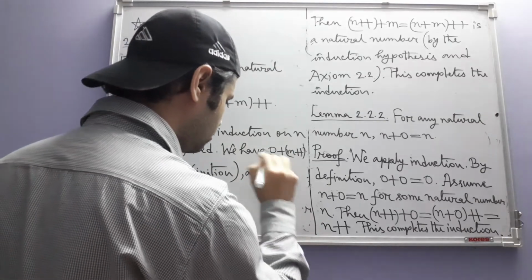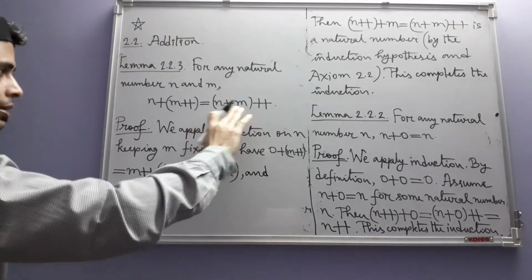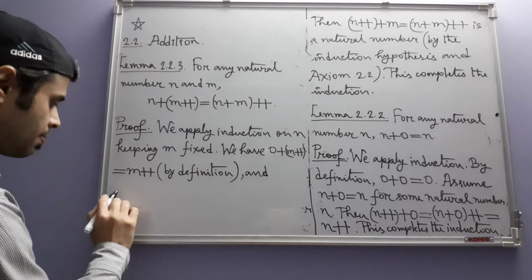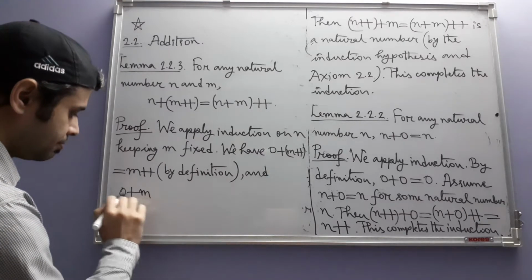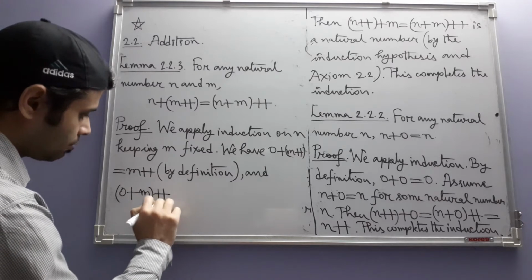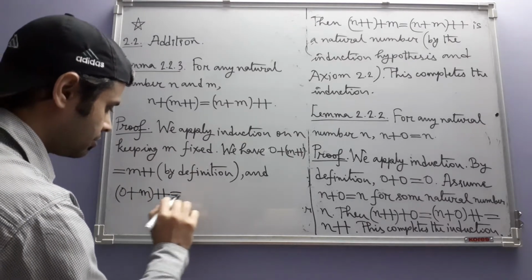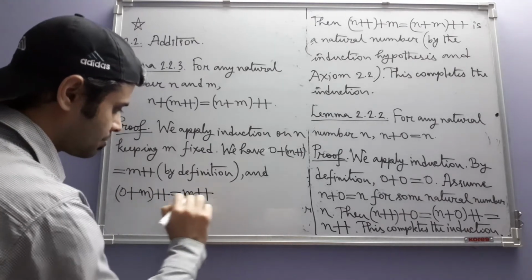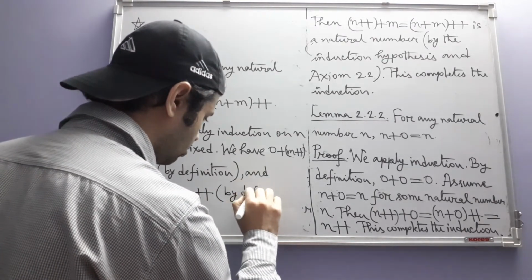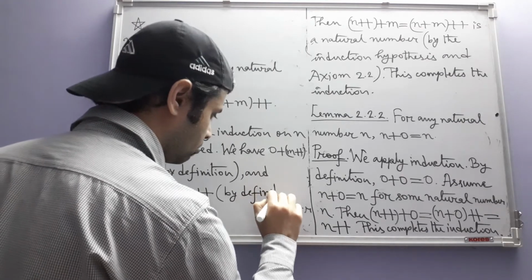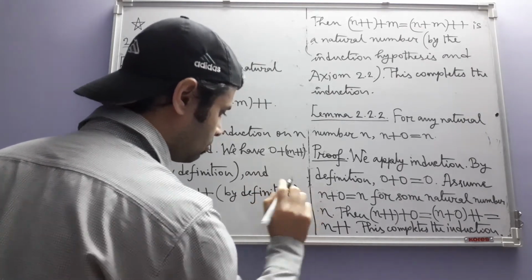And what is the other side I have when I put n equal to 0? 0 plus m plus plus is also equal to m plus plus. This is also by definition. Why is that so?